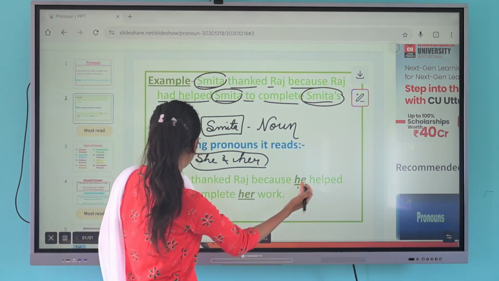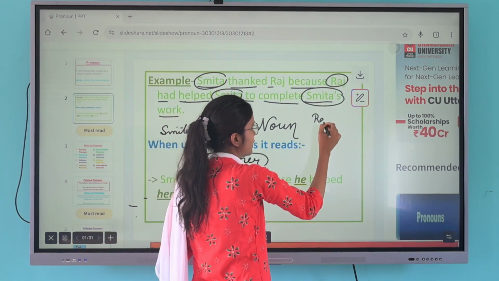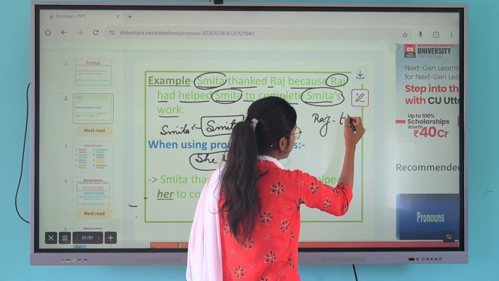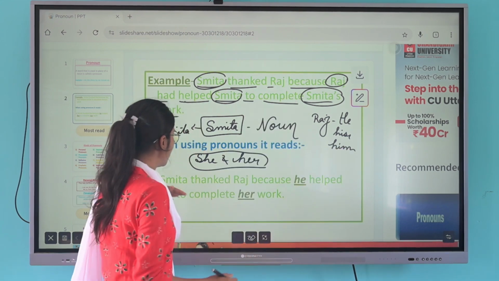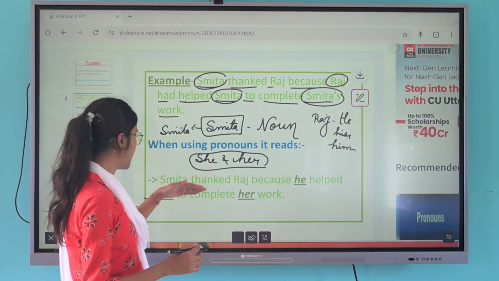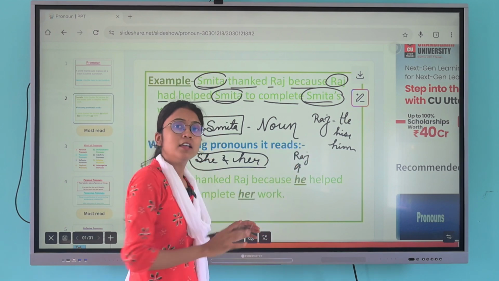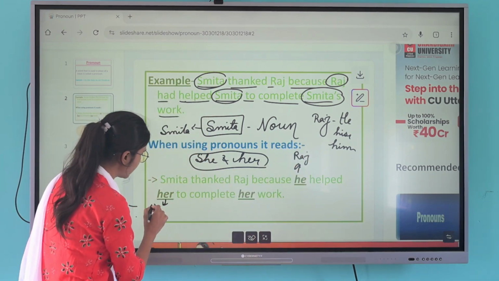because he helped her. Also, there is one more name, that is Raj, and Raj is a boy, so we replace it with he or his or also him. Okay, so Smita thanked Raj because he helped. He is for Raj. So he helped her. Her is for Smita.